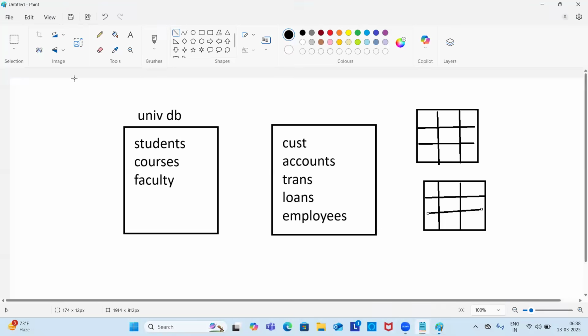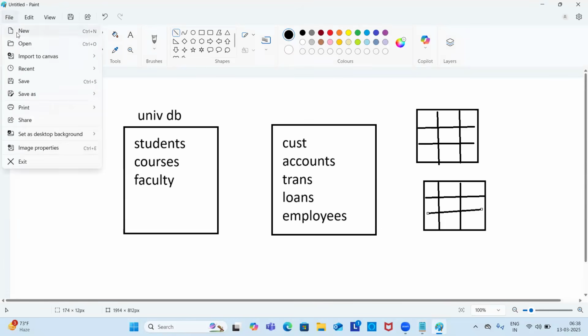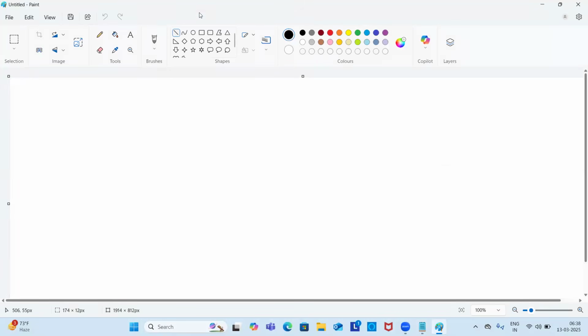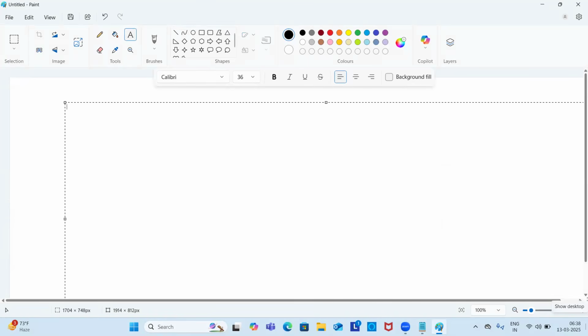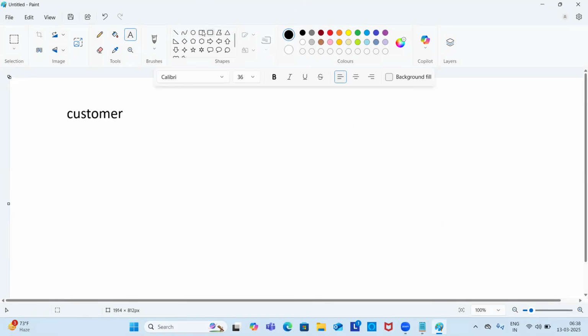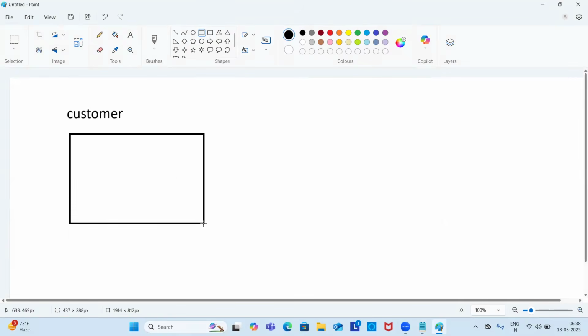Let's take one example. Suppose I want to store customers data. How do you store the customer data in a database? By using this structure, that is, a table.